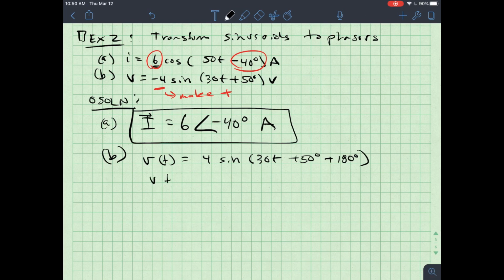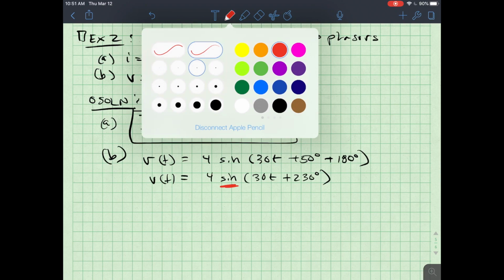Now, V of t can be written as 4 sine of 30t plus 230 degrees. Okay, so the next issue is that I'm currently sitting in sine form, but I need to convert it to cosine form.